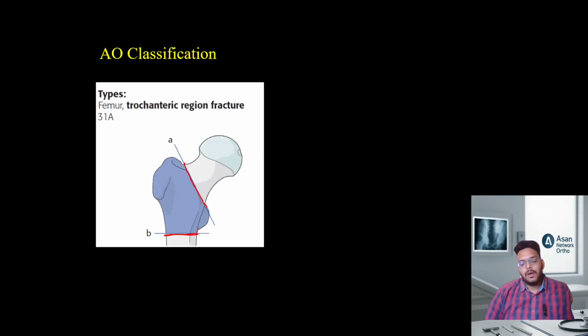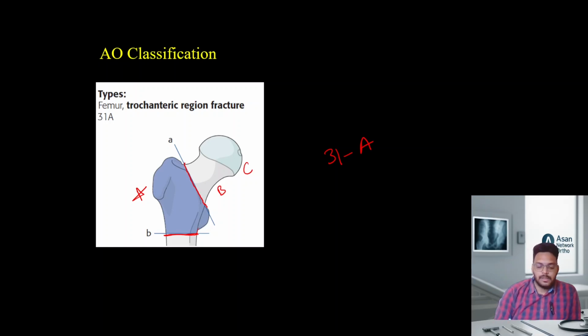So what is the number given? As we all know from the previous classifications, the AO classification is an alphanumerical classification. The number for femur is 3 and for the proximal femur it is 1. For the trochanter it is A. This is A, neck is B and head is C. So trochanter is A.